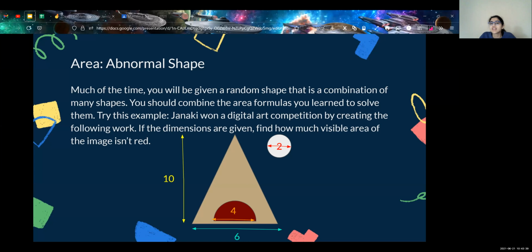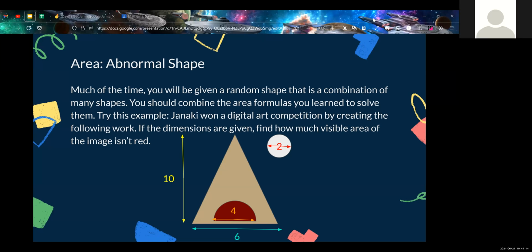And remember to include the white circle in the total visible area when you're finding how much of the total visible area is not red.